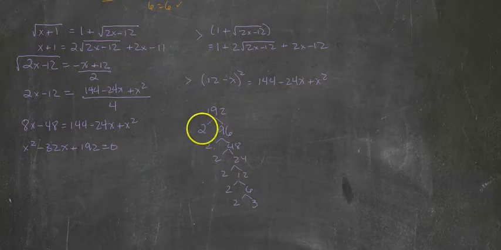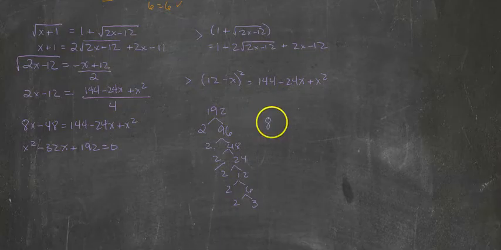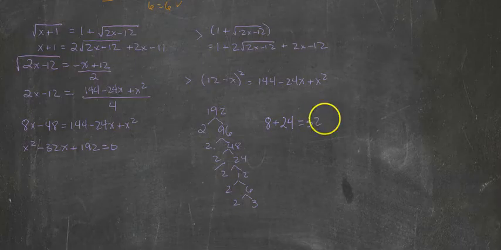So let's see. 2 times 2 times 2 is 8. So if I cut it off here, 8, and 2 times 2 times 2 times 3 is 24. Are 8 and 24, oh man, I picked the right one, didn't I? 8 plus 24 equals 32. So right off the bat I picked the right one. I might not have, but that's a strategy that you can use.